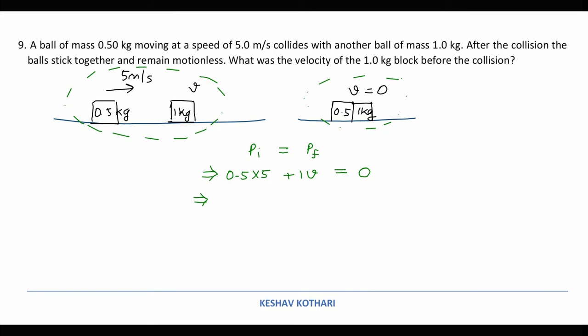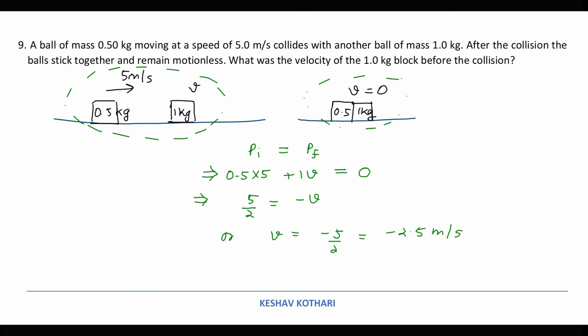So from here I can write that 5 by 2 is equal to minus v, or v is equal to minus 5 by 2, that is minus 2.5 meter per second. So we can say that the speed of the ball before collision was 2.5 meter per second, opposite to the direction of motion of the first ball.